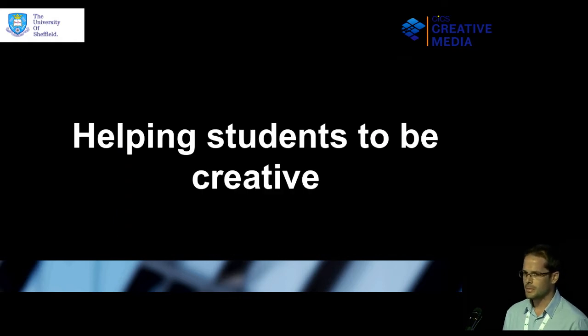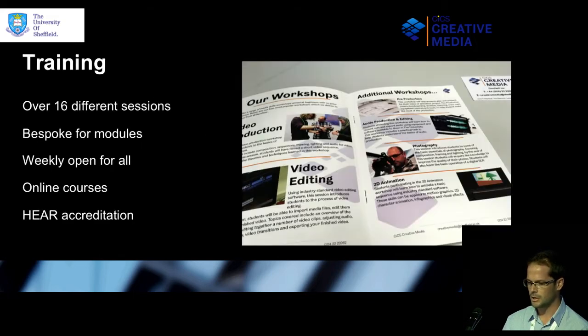But our fundamental aim is to help students to become creative, and we do that in many ways, in particular through our training. We offer over 16 different types of sessions regarding things like post-production, pre-production, video editing, animation, storyboarding, etc. But in particular, we work with modules, so we often get the module leaders coming to us, and we have a dialogue with them to find out what they want their students to be able to do, what the aim of the assessment is, what medium they want, and what time frame they have.